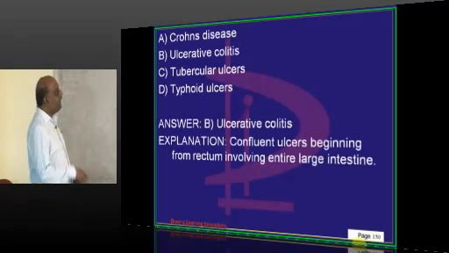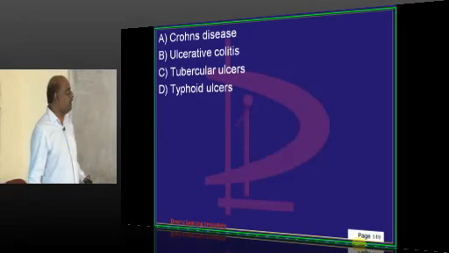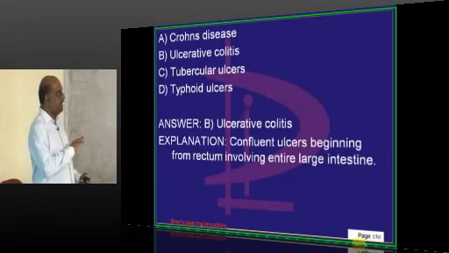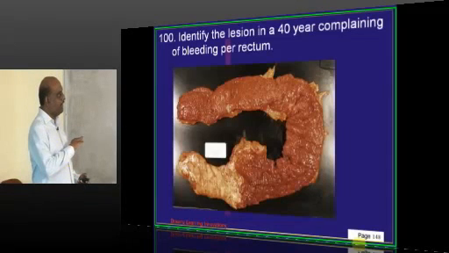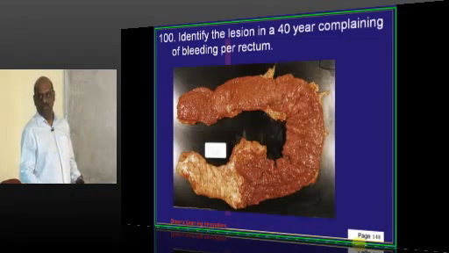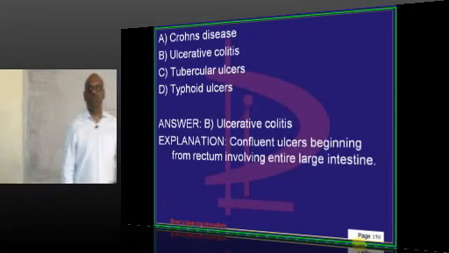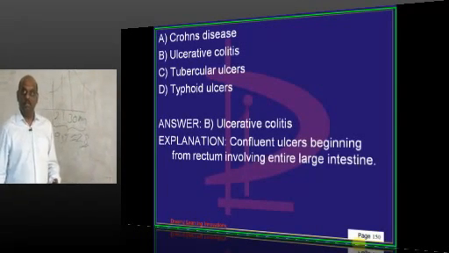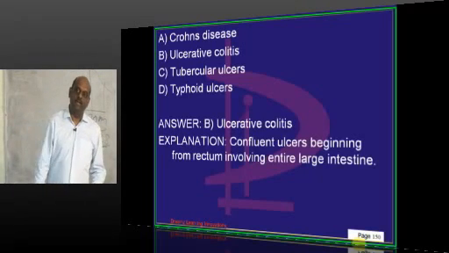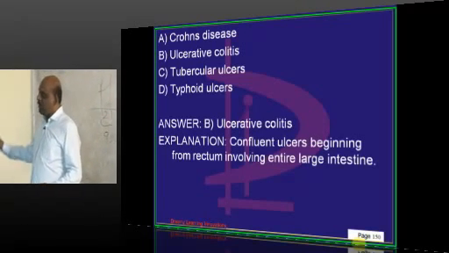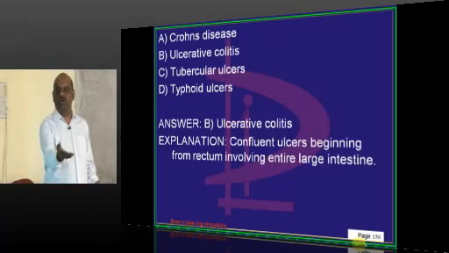So, he is a relatively younger guy and there is a confluent lesion which is from the rectum involving the entire intestine, that makes it ulcerative colitis. Skip lesions. Easy way to say is Crohn's skips from the mouth to the anus.